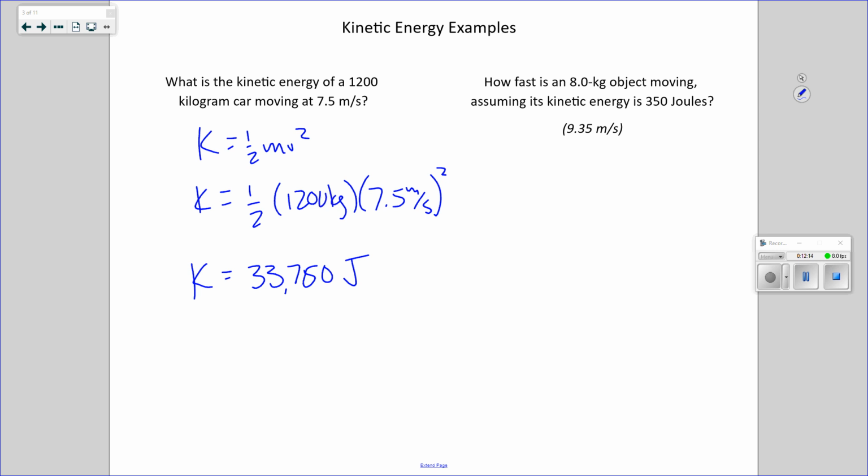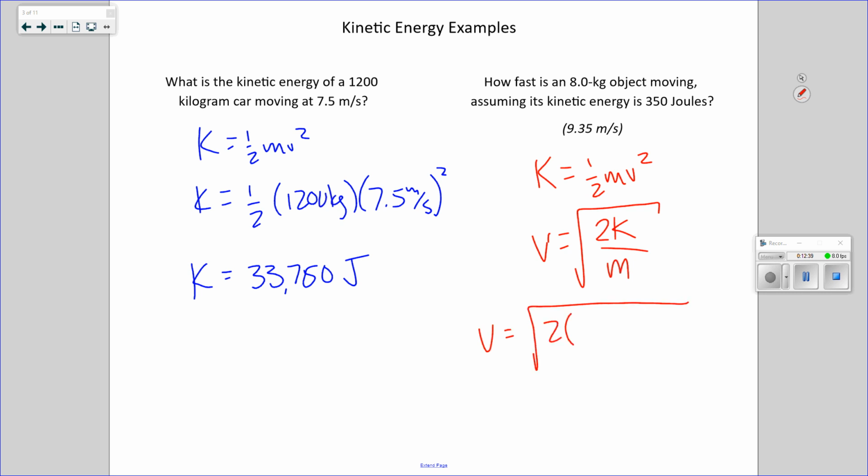How fast is an object moving if that's its kinetic energy? Well, that allows us to work a little algebra. We're looking to solve for the how fast. The v, let's see, 2K divided by m. That would be v squared. There's an expression for v. I guess I should substitute.